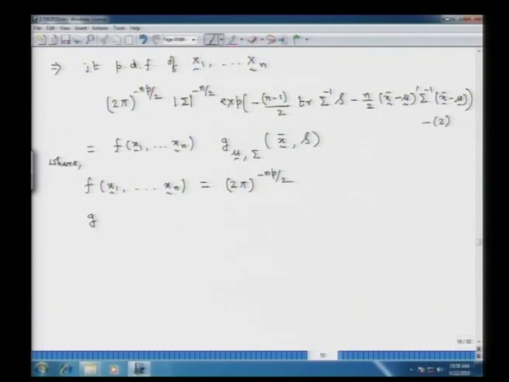The second function that we have introduced, g of mu, sigma, x bar and S, is the rest: determinant of sigma to the power minus n by 2 and then the exponent minus n minus 1 by 2 trace of sigma inverse S minus n by 2 times x bar minus mu transpose sigma inverse x bar minus mu. We close the bracket here.